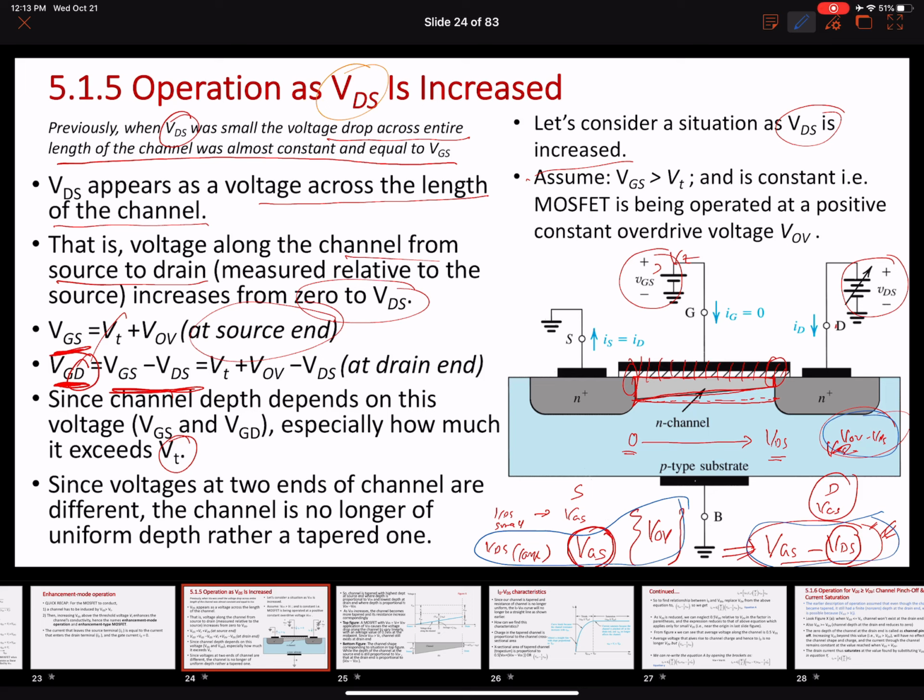At the source end, the voltage that will appear is the overdrive voltage, essentially VGS, but effectively VOV, because the induction and all of these phenomena start to happen beyond VT. And at the drain end, it will happen at VGS or VOV minus VDS.